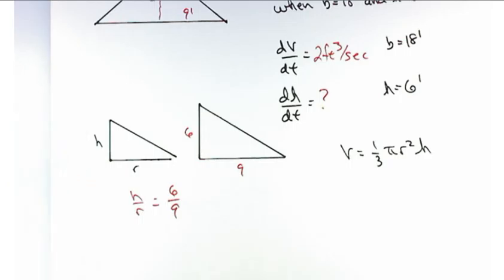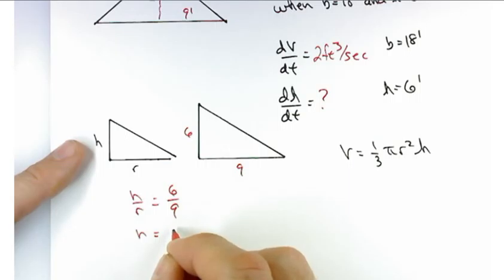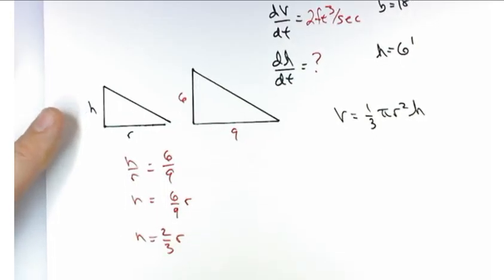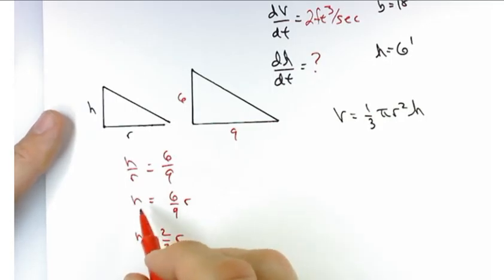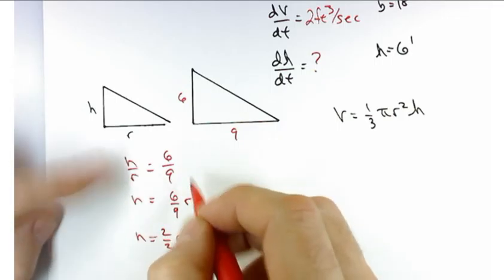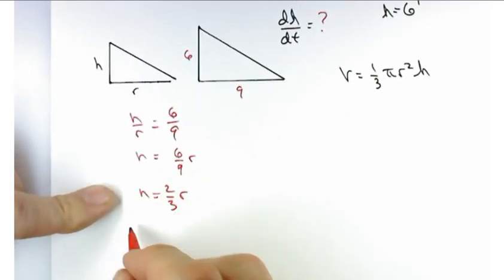So if you multiply both sides by r, I get 6/9 r, or better yet, 2/3 r equals h. And you know what? That's not what I want. What I want is r in terms of h. So let's do the other way. Multiply this by 3/2. Get 3/2 h equals r.